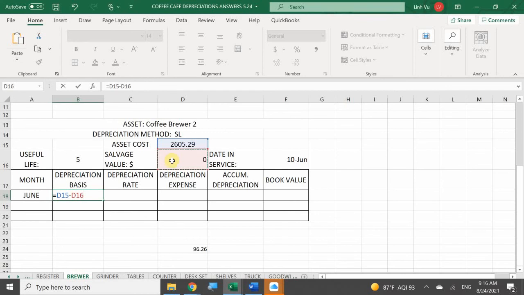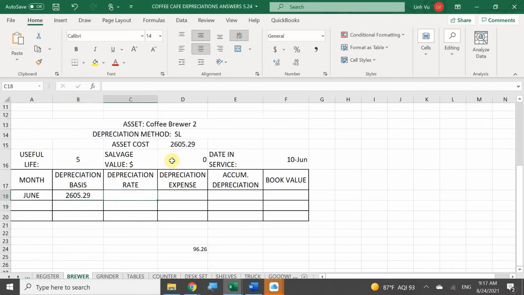So the salvage value minus the, sorry, salvage value minus the asset cost. Okay, so it's going to be asset cost minus salvage value. So it'll be 2605.29. That's correct. Good.